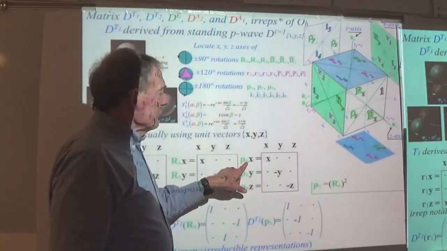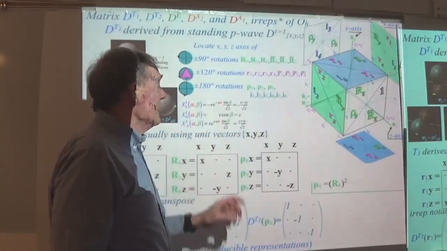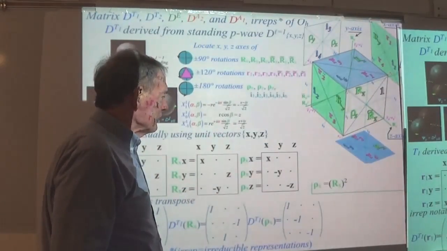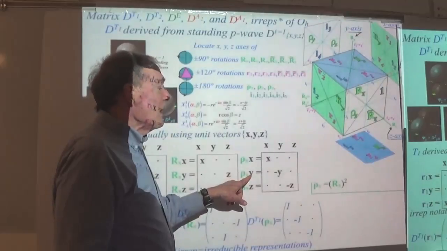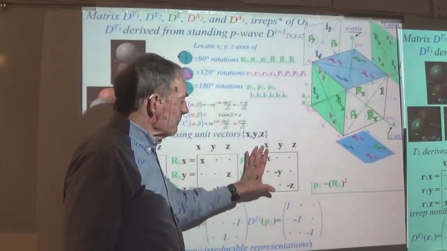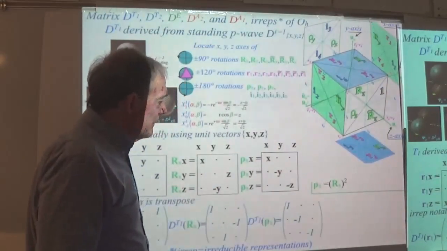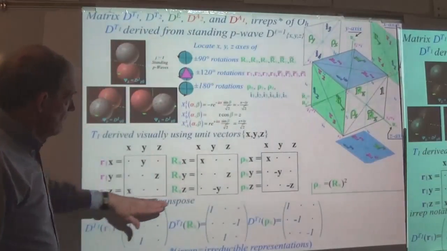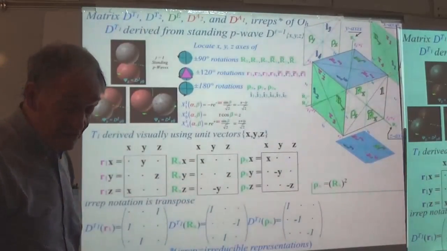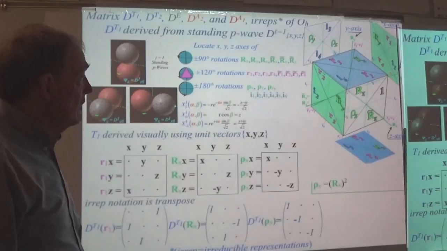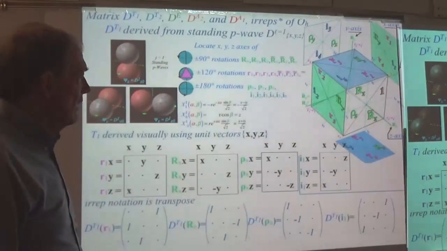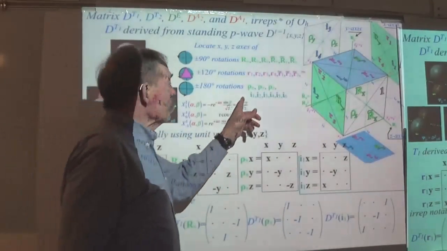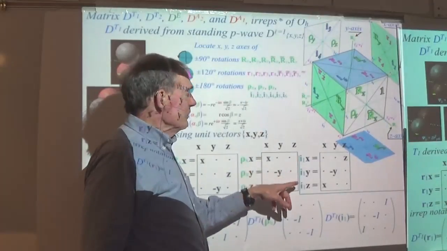Now, rho x, that's a 180-degree rotation around x. It turns y into minus y and z into minus z. That's pretty simple. I don't have to transpose that. So that's true, but it doesn't have any effect. And these are all diagrammed here, there's this class of 180-degree rotations.